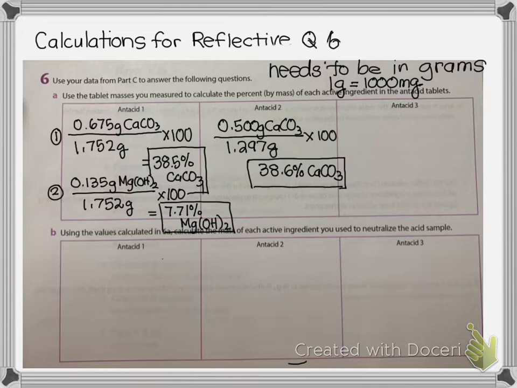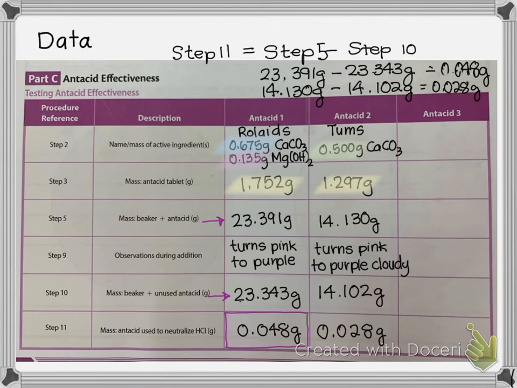The data we need is how much of the sample we used. In this case, for Rolaids, we're going to use this number. That's how much of the sample we used. So we need that: 0.048.